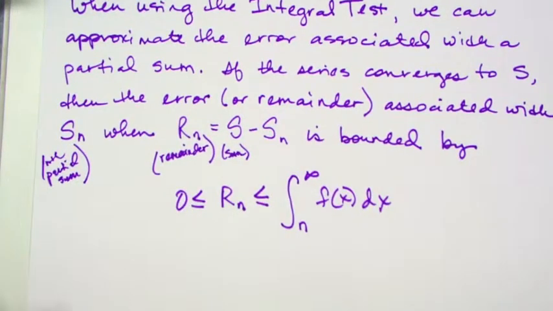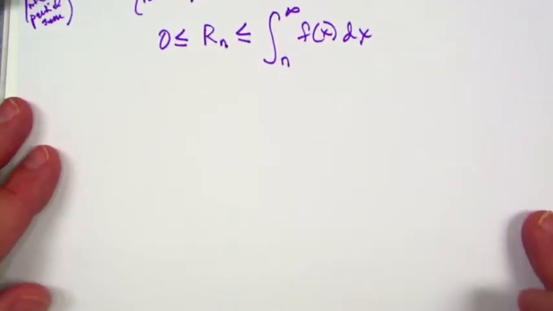If I figured out the nth partial sum, so let's say I sum together the first 10 terms of the series, then my integral would start at 10 and go to infinity. Do you get what we're saying there? That leftover area between the curve and the x-axis is going to be the error associated with the sum of the series. Okay, so let's do an example, and maybe some of that will be a little clearer.